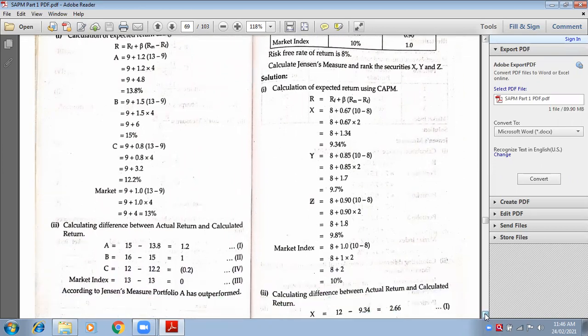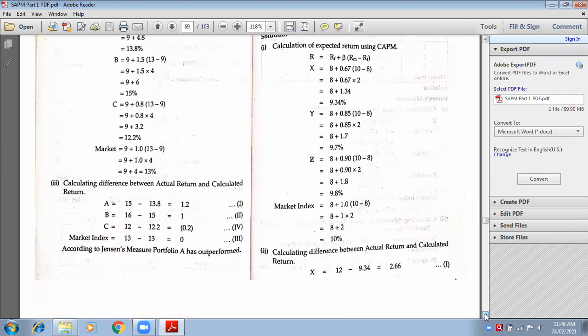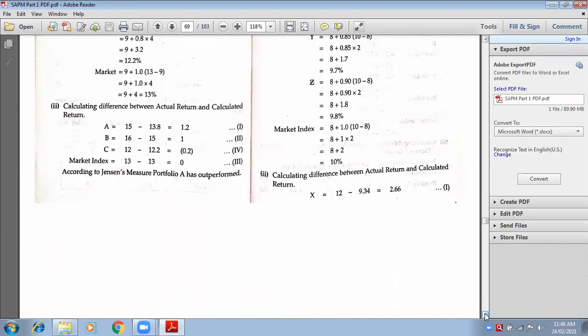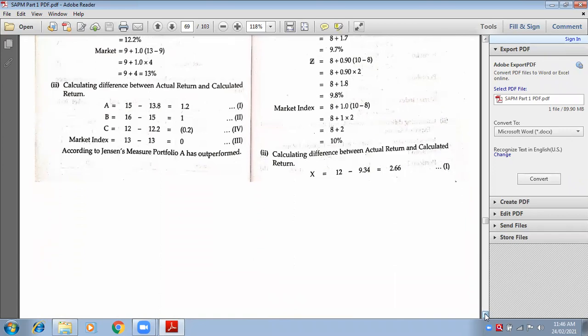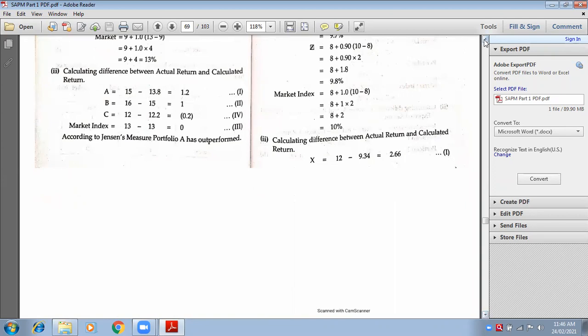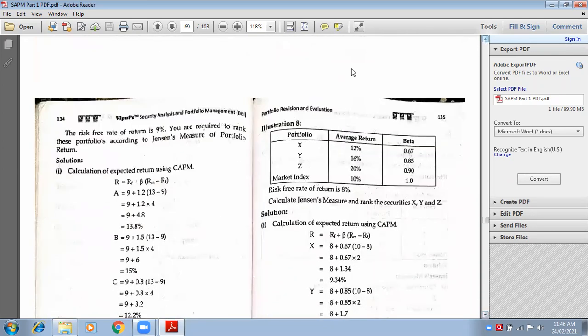Similarly, you have to solve for Y, Z and the market. After that, you have to rank the portfolios. To rank, you have to calculate the difference between actual and calculated returns. Actual means the ones that are given in the table.